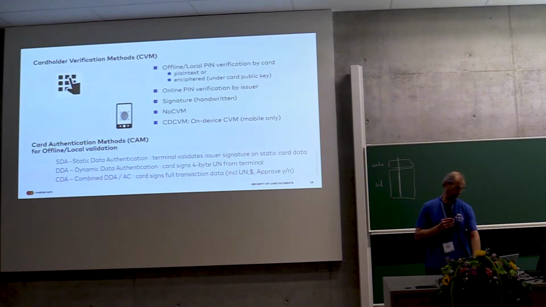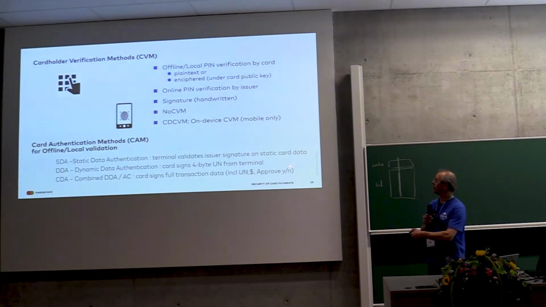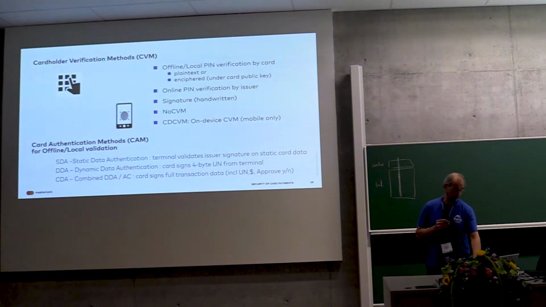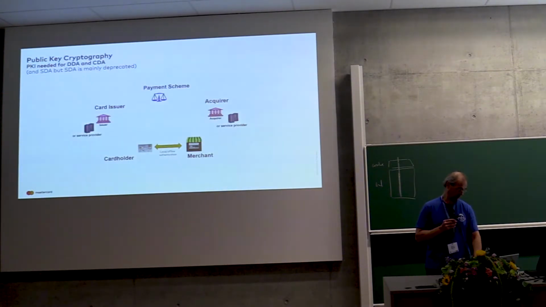CDA is the strongest because it's a signature generated by the card on the whole transaction data. There's this thing called the unpredictable number. It's 4 bytes, 32 bits. We believe that's adequately large to ensure freshness of the cryptogram.